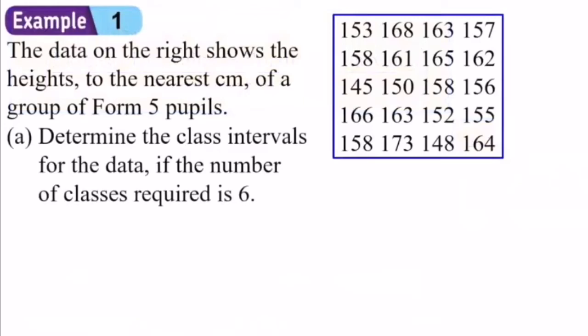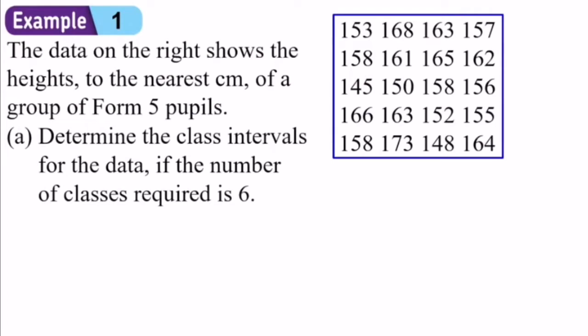Let's say we have a very small data set, about 4 times 5, 20 data. We want to determine the class interval for the data, and the number of classes that we want to form is 6.